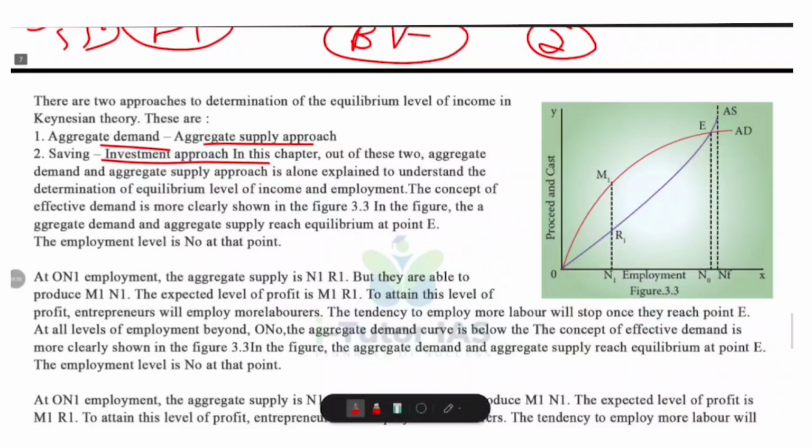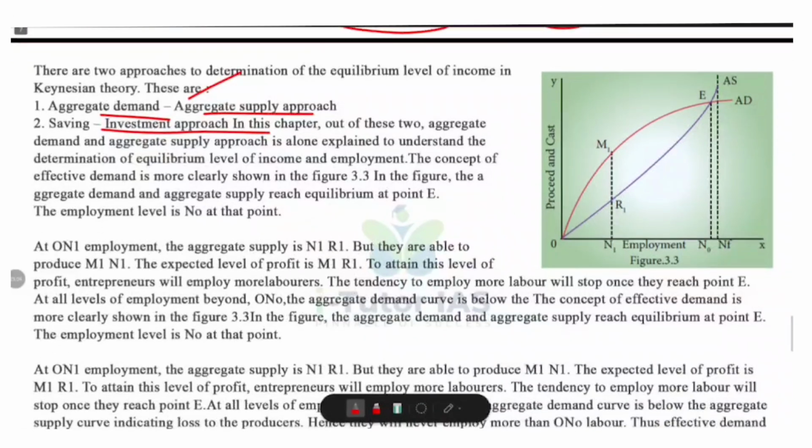Aggregate demand represents total planned spending by households and firms. Aggregate supply represents total output that firms are willing to produce at each level of employment. Equilibrium will occur at a point where aggregate demand is equal to aggregate supply.